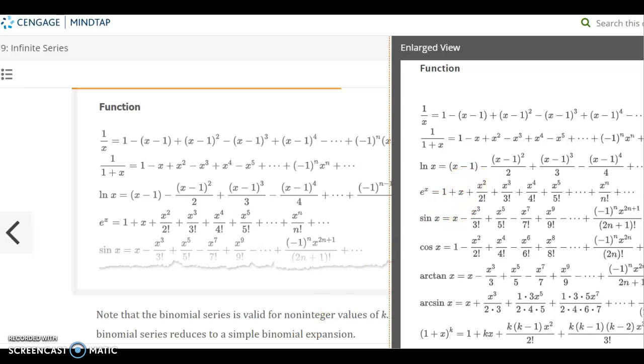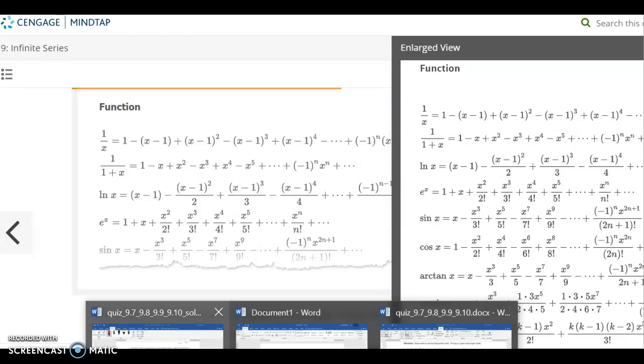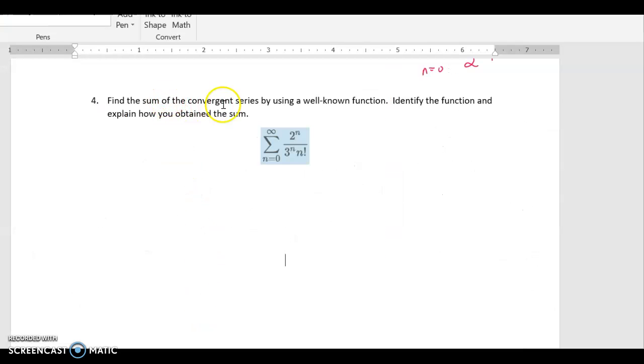So when I see this problem, find the sum of the convergent series by using a well-known function, okay, well-known function, what does this most look like? How can I manipulate this thing so it looks like something that we've done before, one of those well-known functions? Well, to me, I've got n factorial and a power of n. There's two n's, one in the numerator and one in the denominator, so that's a little confusing.